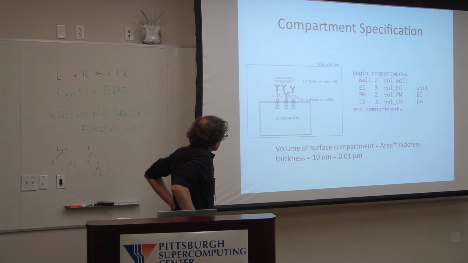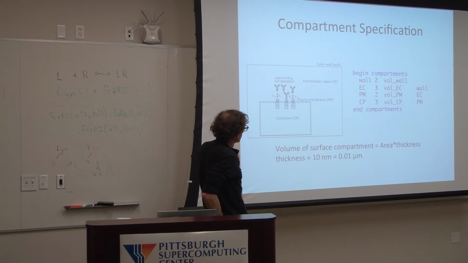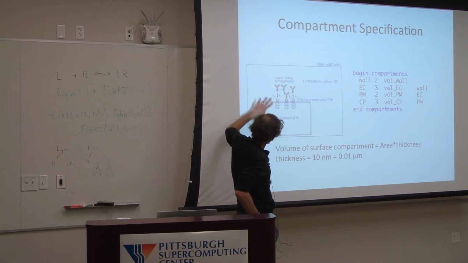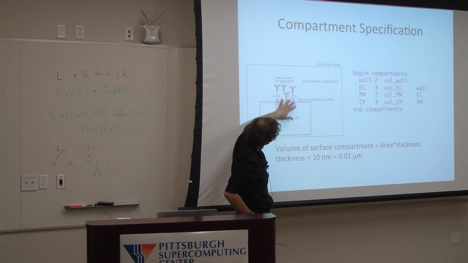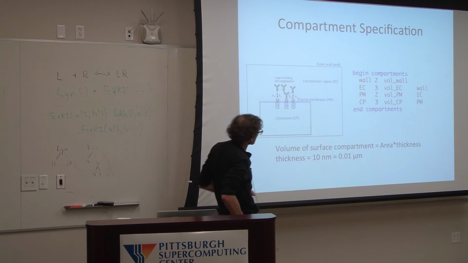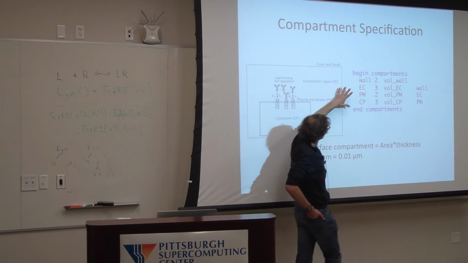Okay, so what we have to do for a compartmental model specification, and I'm just going to illustrate the details here. Jose is going to drag you through the details, so we're not going to go into a huge amount, but I just want to show you what it looks like. So we need to define this topology, rather, that's going to correspond to a specific geometry, but we're making very abstract assumptions here, which is just that we have a system of compartments.